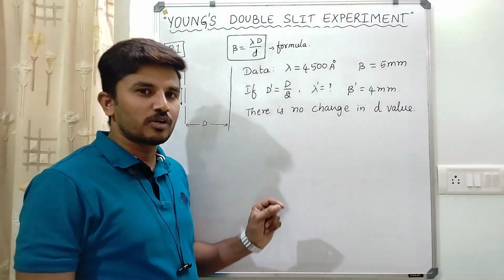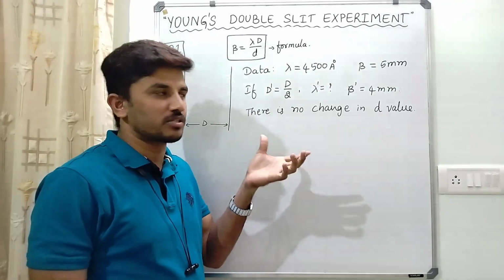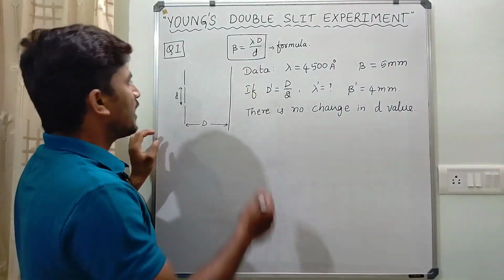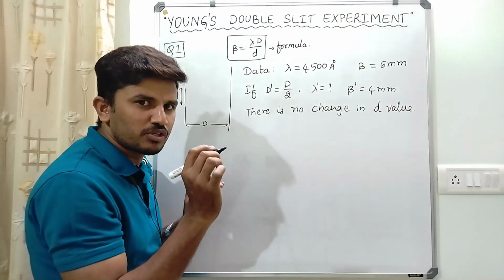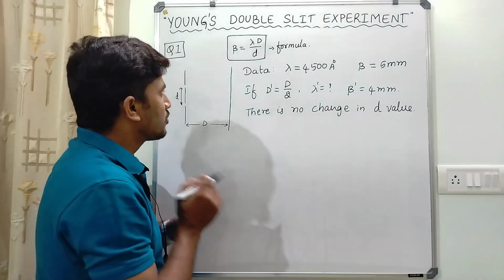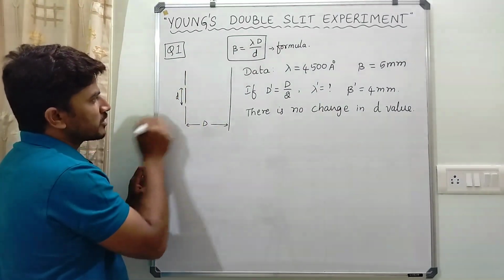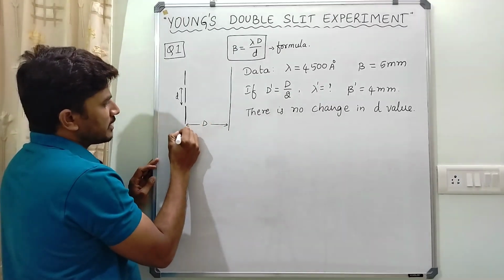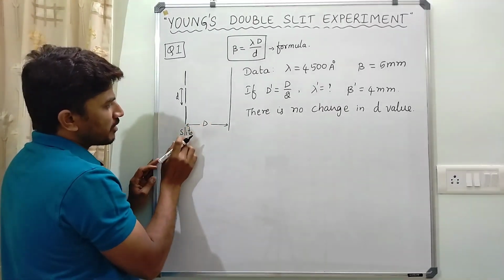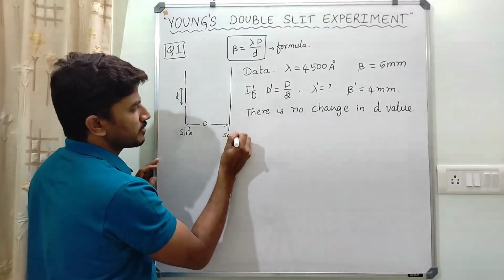Now let us try to understand the real meaning of this particular question. Here they have given the question on Young's double slit experiment only. There is no doubt in that. Young's double slit experiment means there will be two slits separated by a small distance, and these slits are at a distance capital D from the screen.